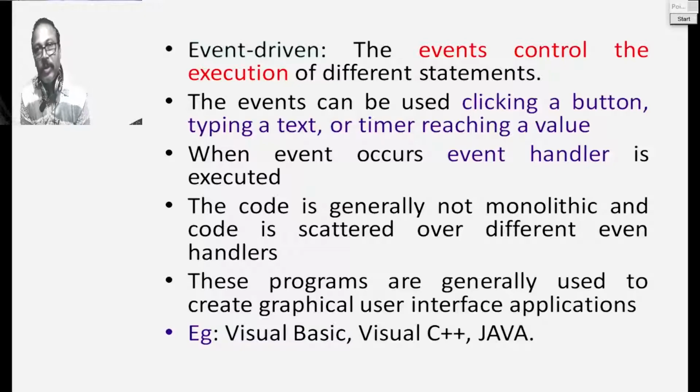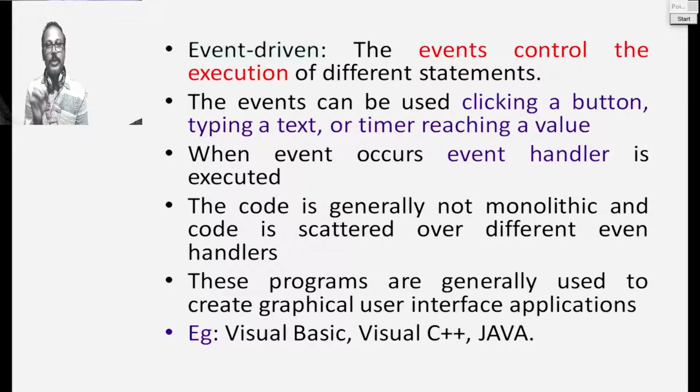Event-driven programming languages are based on events. Events can be, say, clicking a button, typing a text, or a timer reaching a value. Probably you might have seen all these things. Whenever you are filling in an application, you enter text and click buttons like save, submit, etc. That is nothing but event-driven programming.